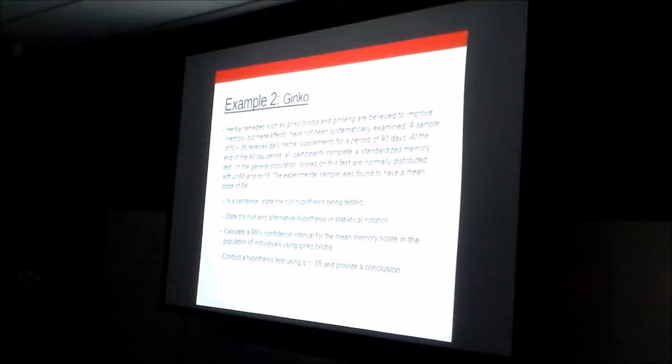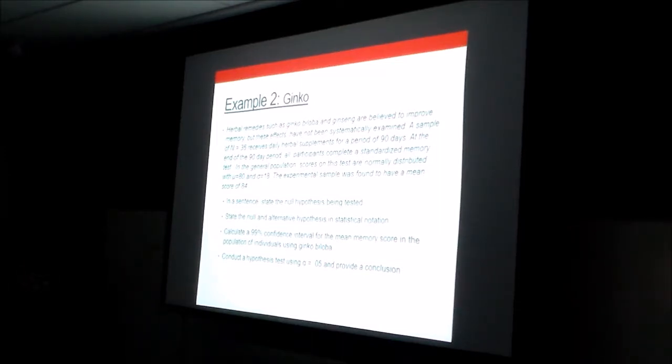So that would be a statement of the null hypothesis, and then state the null hypothesis in statistical notation. The null hypothesis is going to be the mean, and Candace will get you if you're not using population symbols as opposed to sample symbols.